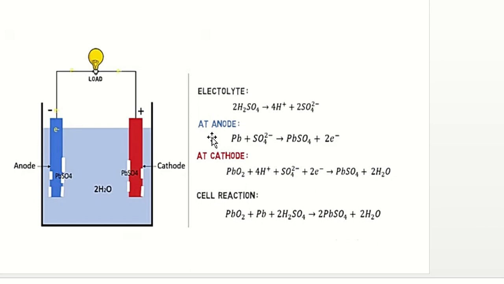Anode reaction: Pb plus SO4 2- gives PbSO4 plus 2 electrons. Cathode reaction: PbO2 plus 4H+ plus SO4 2- plus 2 electrons gives PbSO4 plus 2H2O. Cell reaction: PbO2 plus Pb plus 2H2SO4 gives 2PbSO4 plus 2H2O.